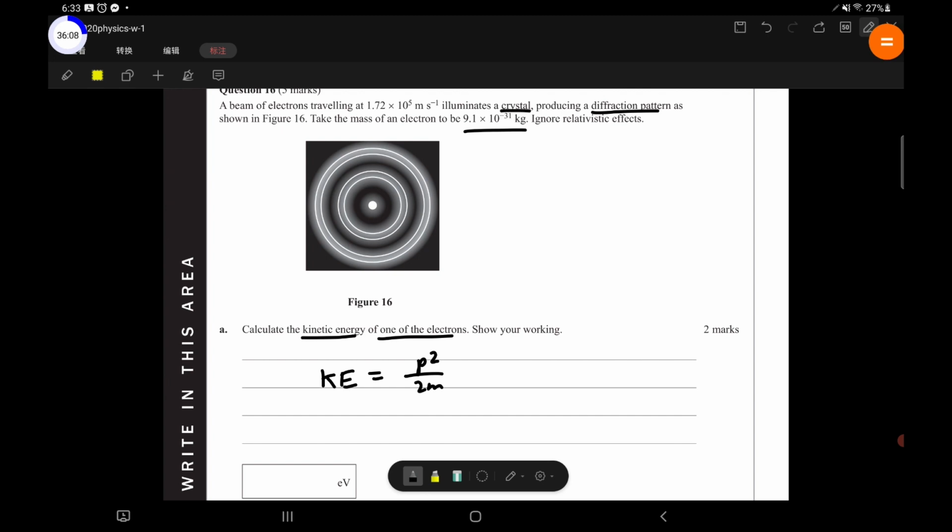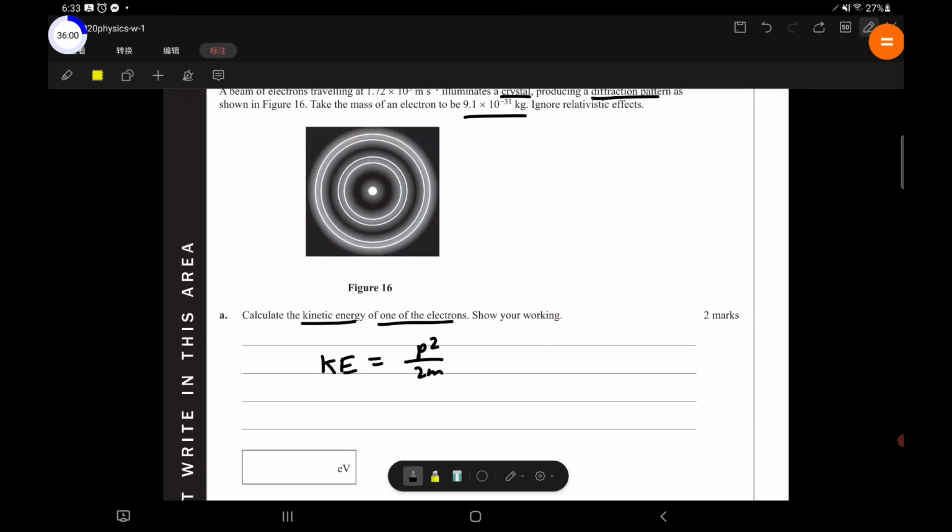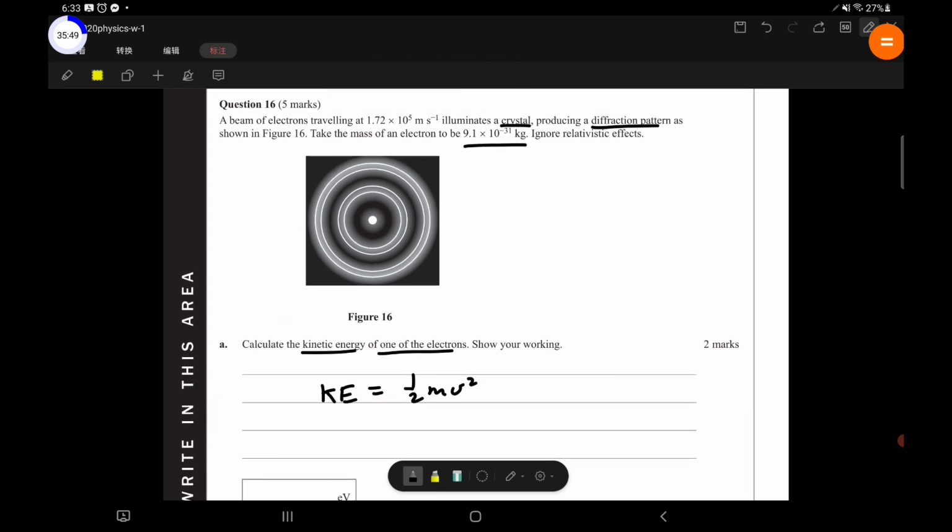This formula isn't too helpful for this case, but I just thought I'd bring this up in case it might be useful for some of you later on. You might get a question where you know the momentum and you want to quickly find the kinetic energy from that. You can use that as well. In this case, it's just a matter of subbing in our speed and our mass.